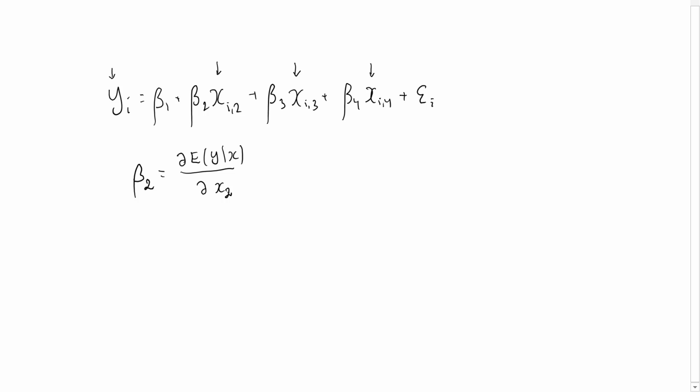So beta 2 tells us the increase in the expected result on the final if the SATV score increases by 1 point if we keep the other variables fixed, that is, we keep x3 and x4 fixed.